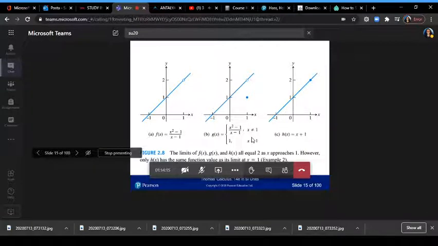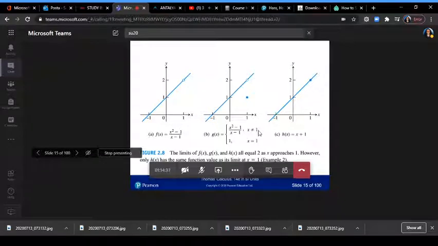We use this function and then we define it at 1, because the previous one is not defined at 1. This is defined everywhere. So this is the function we get after we fill in x equal to 1.